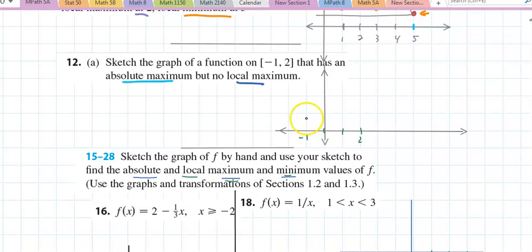So no local minimum means I don't want to include the left endpoint. I'm going to make that small, and since it's an absolute maximum, I want to be up there, right? No local, so either I go straight up, or any one of those three will do. Alright?